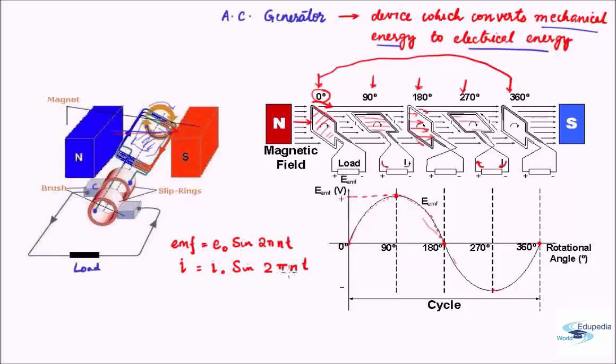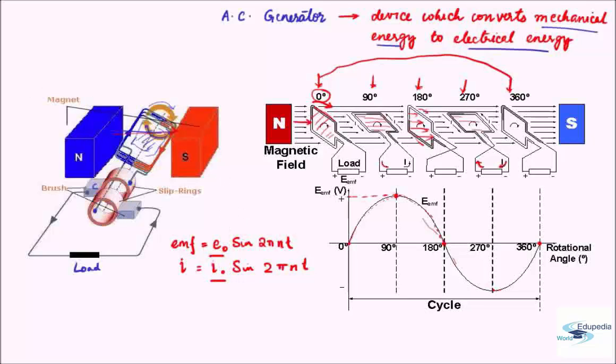Current will also be having the same frequency as the EMF. Okay, and as we said, this E naught and this I naught are the maximum EMF generated and the maximum current flowing through the circuit. This should give you insight into what an AC generator is and how it works.